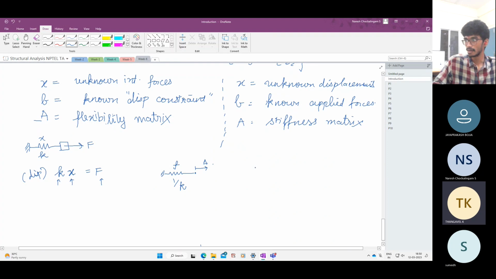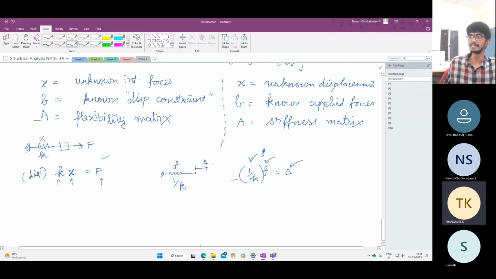In this case, you relate it as (1 by k) F equal to delta. So 1 by stiffness is called compliance or flexibility. F is the internal force, which is unknown, and delta, if you are applying a known displacement constraint, is known. So this is basically the force method, and the other is the displacement method.